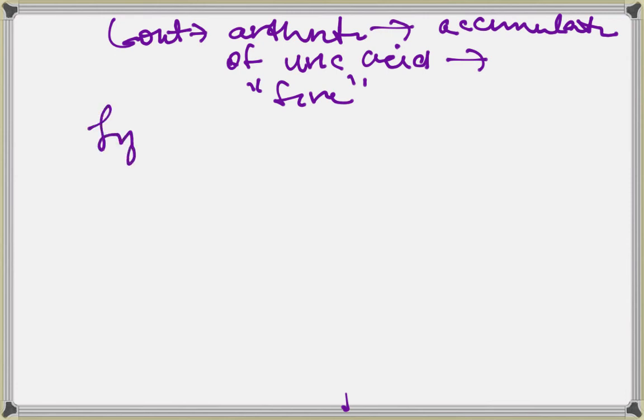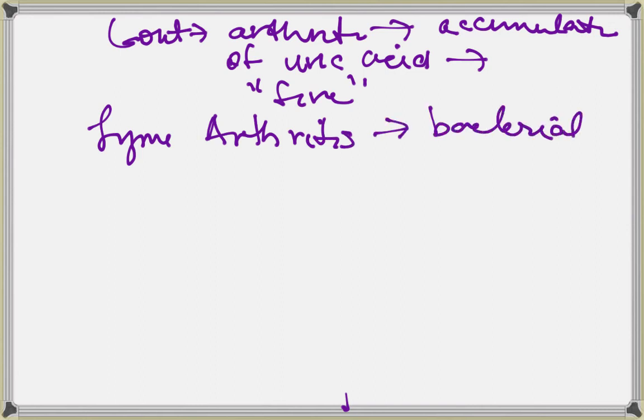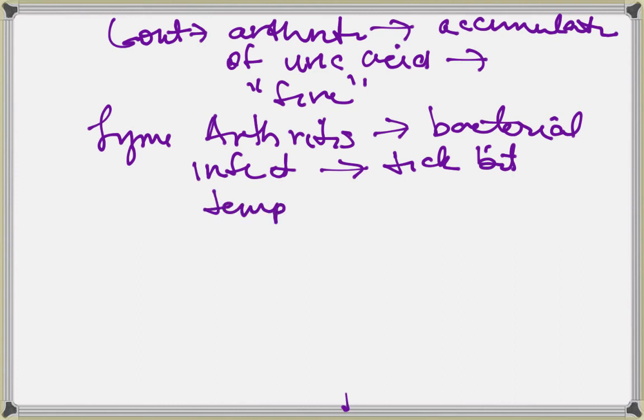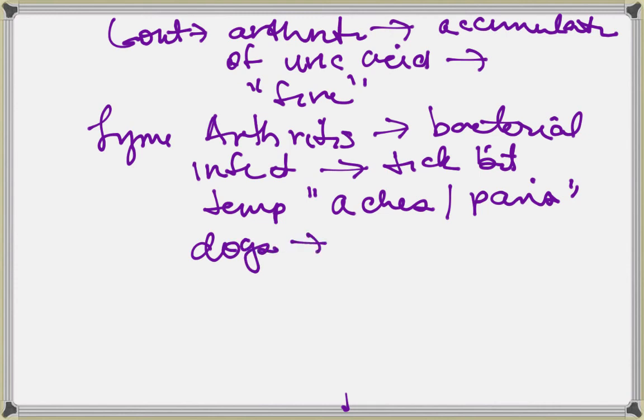And the last is Lyme arthritis, that's caused from Lyme disease. So it's a bacterial infection that's passed from tick bite. And so it can cause a temporary arthritis system of aches and pains. It's common in dogs and people who are bit by ticks.